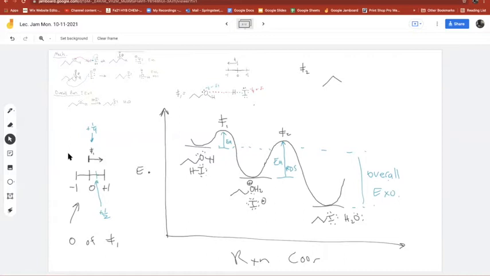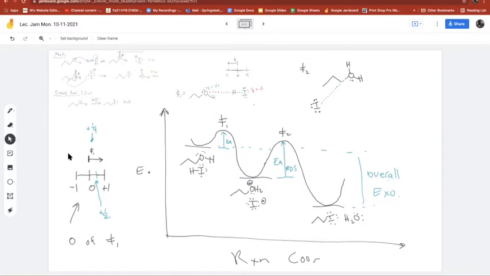So that means this iodide is just beginning to form its bond, and the bond to the oxygen is only just beginning to break. Okay, looking more like reactants.